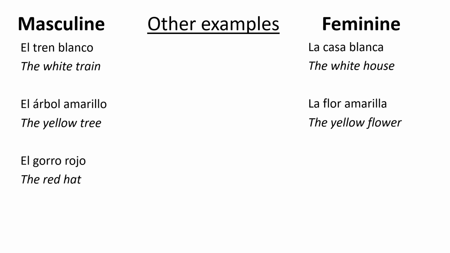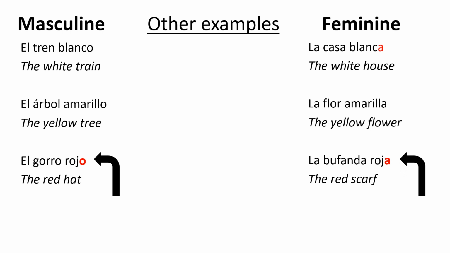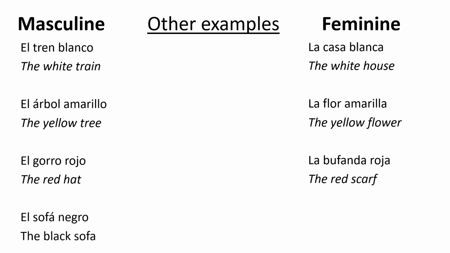El gorro rojo. La bufanda roja. The same rules apply. Rojo is rojo when describing the hat, whereas it becomes roja when describing the scarf. El sofá negro. La cama negra.